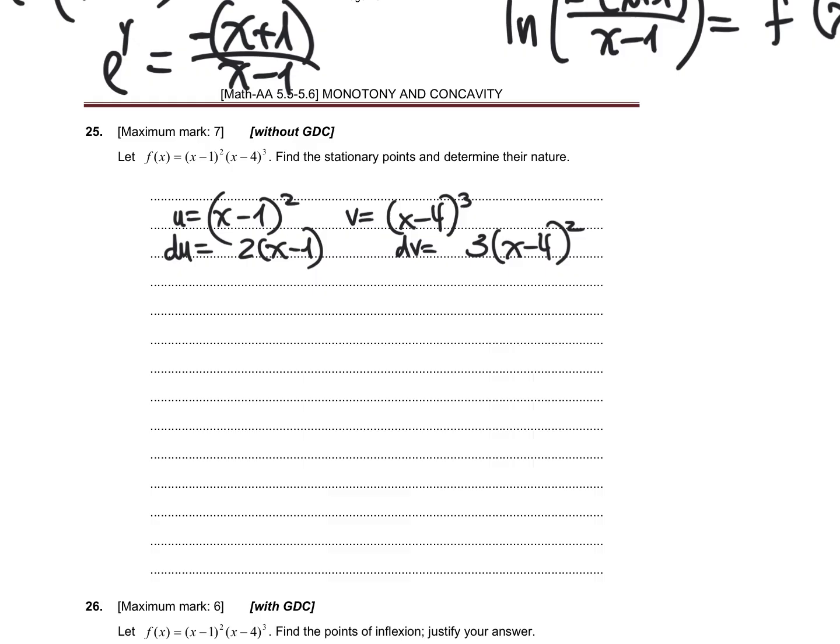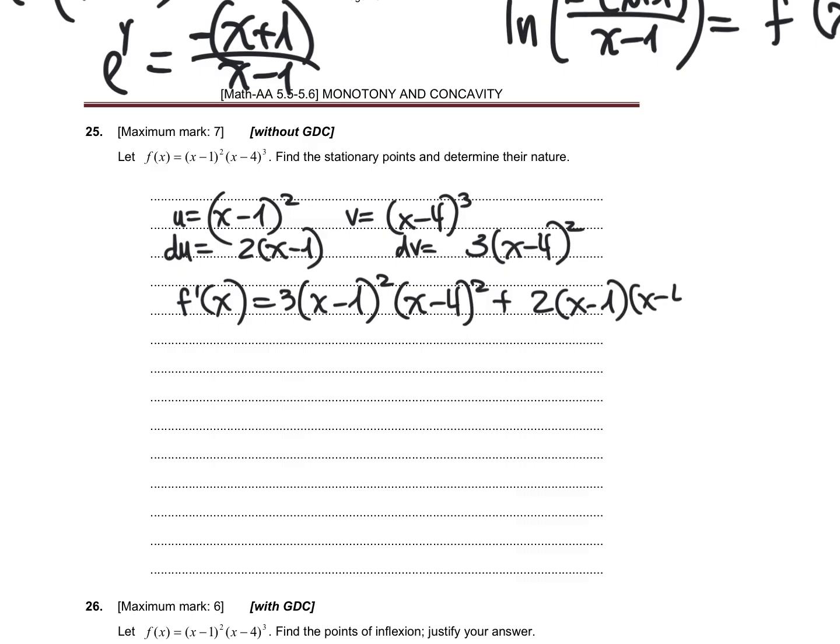And chain rule is just multiplying by 1 on both. So we're going to have f prime is u times the derivative of v plus the derivative of u times v.